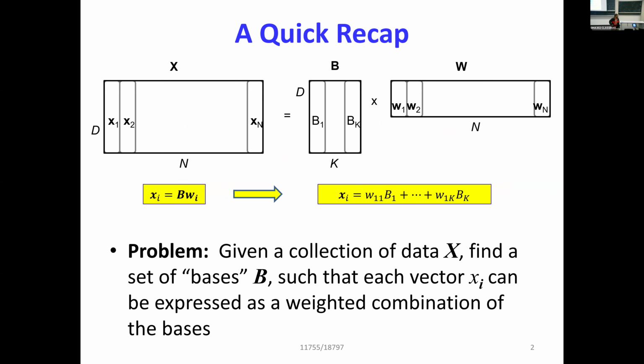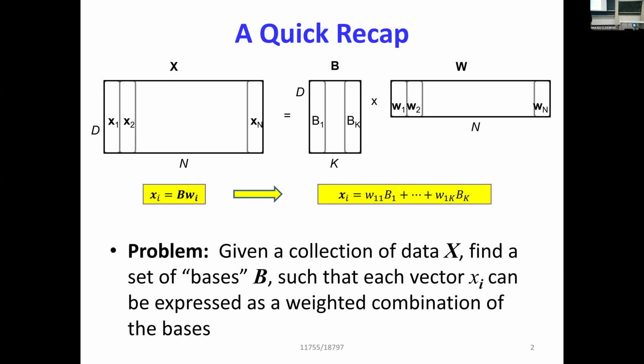So here's a quick recap. This was the problem that we looked at when we were performing eigen decomposition or the Karhunen-Loève transform, when we were trying to find bases for data. So we found eigenfaces. What were these eigenfaces? The eigenfaces were bases. We have some data matrix.